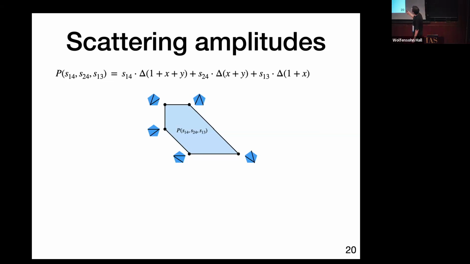This is the Newton polytope of x plus y, so this is a line segment, and this is a horizontal line segment. If you sum these 3 things up, you get something that looks like my blue pentagon. The s_ij are called Mandelstam variables in physics. You can think of them as positive parameters for now. Every time you fix positive values for s_ij, combinatorially, this polytope looks like this.